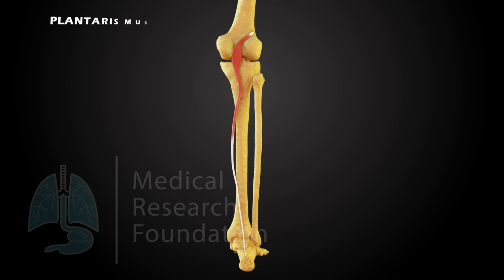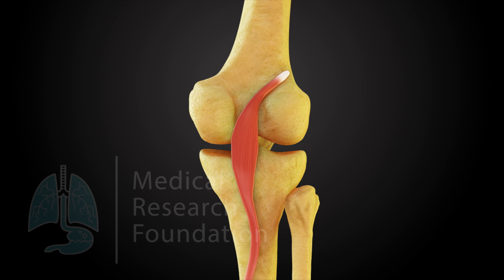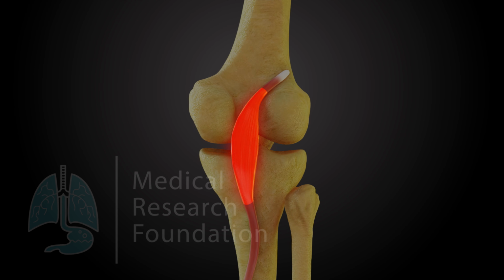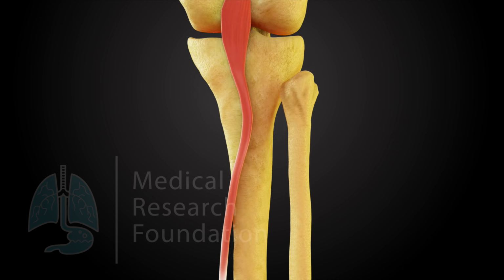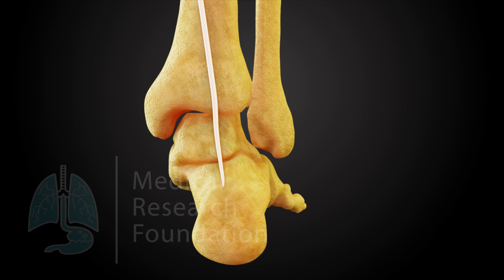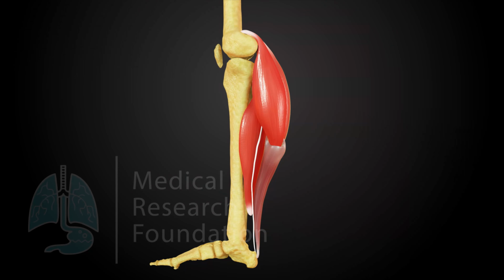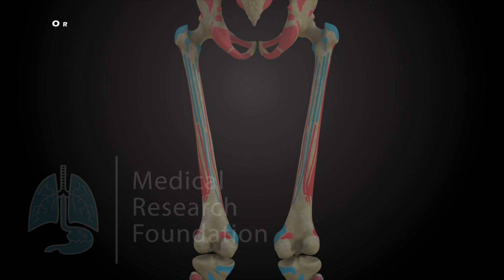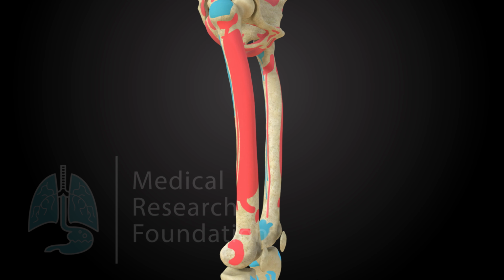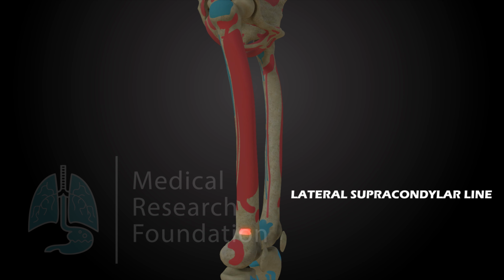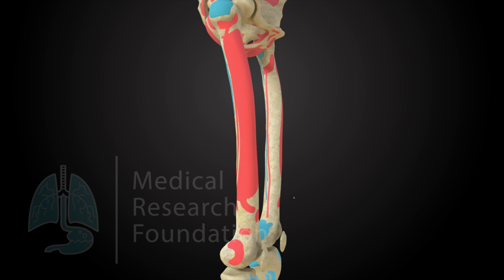Plantaris muscle. It is a small muscle with a short belly and long, slender tendon. It lies between the gastrocnemius and soleus. Origin. It arises from the lower 1/3 of the lateral supracondylar line.